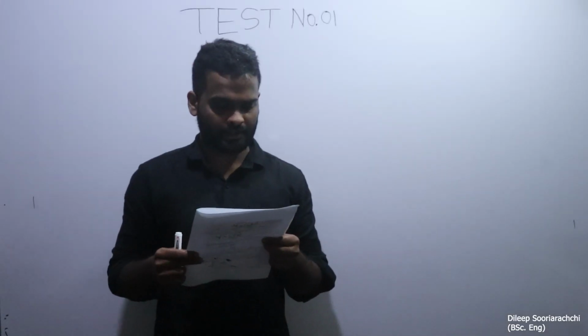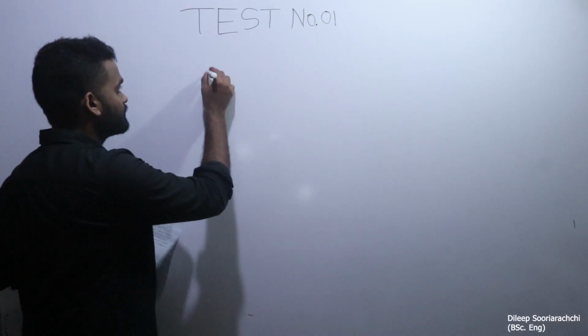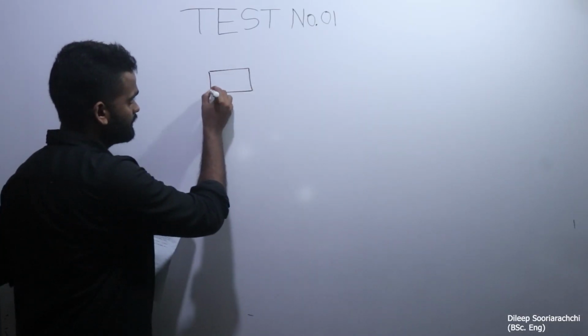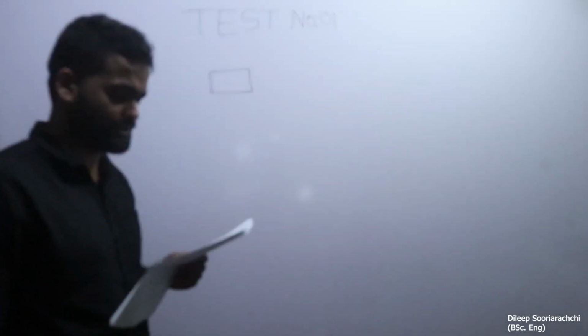Okay, 10th question. A trolley moves on a smooth horizontal plane under a constant horizontal force, capital F. So there's this trolley. It is moving on a smooth floor, so there's no friction.